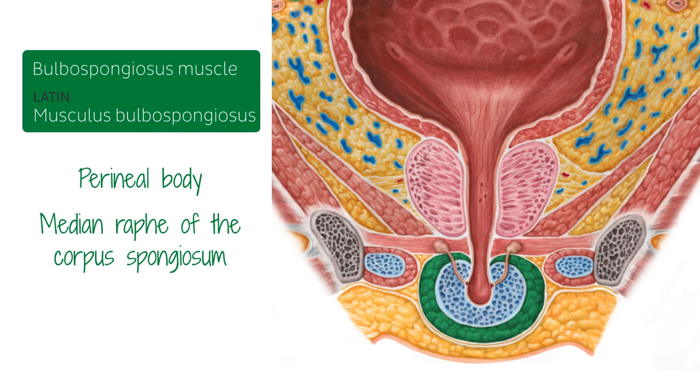Now, this muscle contributes to ejaculation, erection of the penis, orgasm, as well as evacuation of the contents of the urethra. It is, as every muscle, innervated by a nerve, but this time the perineal nerve will be innervating, which is a branch of the pudendal nerve.